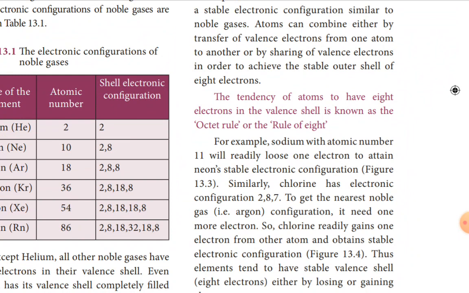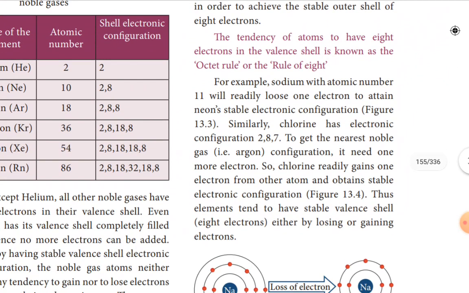And chlorine, a non-metal, gains an electron to attain the stable configuration. Chlorine needs one more electron, and it gains that electron from sodium. Thus elements tend to have a stable valence shell of 8 electrons, which is possible only by losing or gaining electrons.